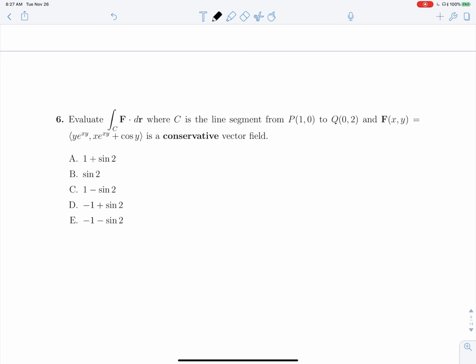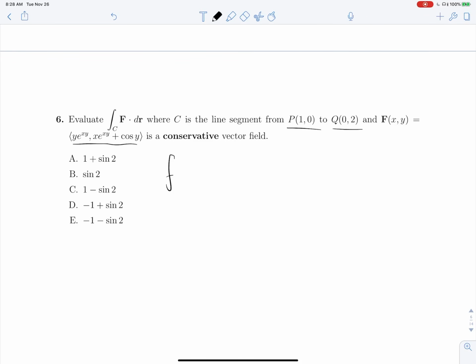Okay, let's evaluate the line integral over C of F dot dr, where C is the line segment from 1, 0 to 0, 2. And here is our vector field here. And they tell us it's a conservative vector field. So I'm going to use my technique to find the potential function of this vector field.